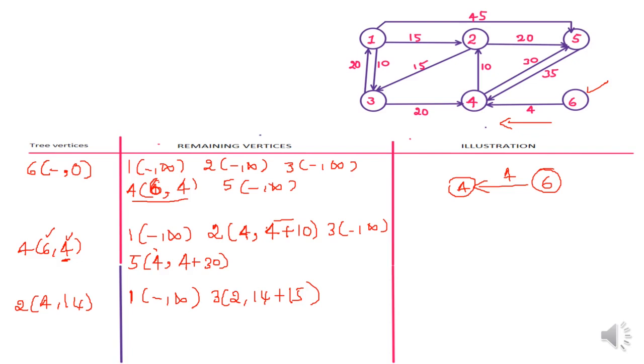Next is 4. 4 is already added, sorry. Then what's remaining? 5. From 2 to 5 it is making an edge. 2 to 5 there is an edge. But what you see here, 6 to 2, what's the distance? 14. 14 plus 20 if you add, the distance you are going to get is 34.